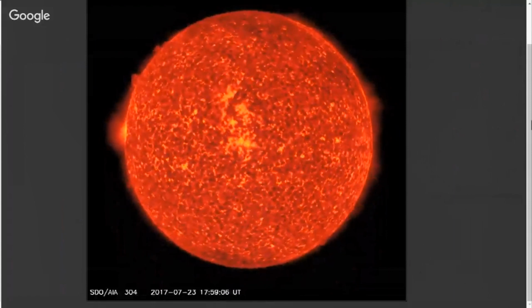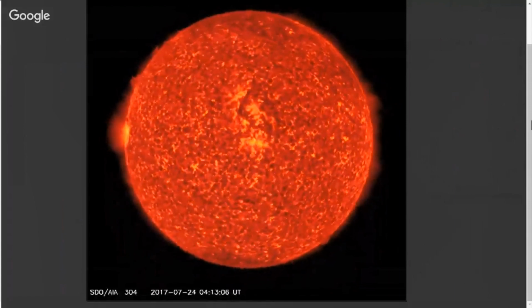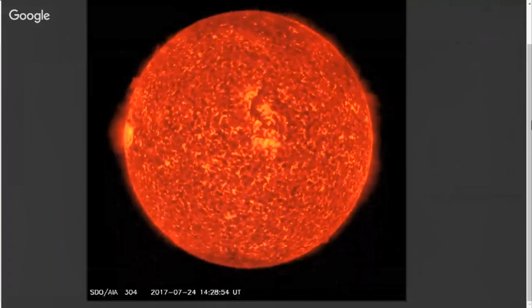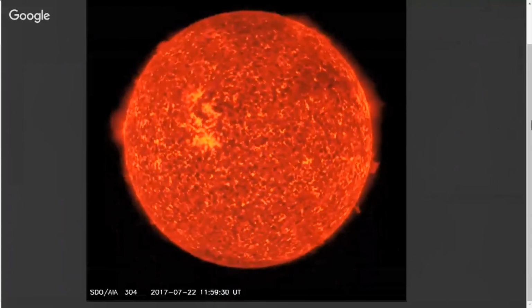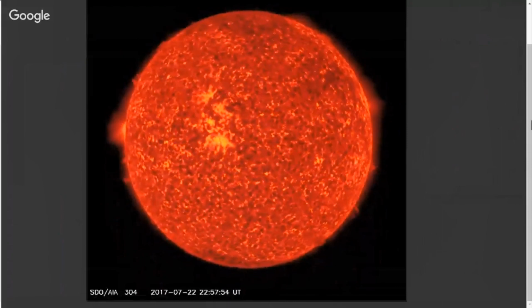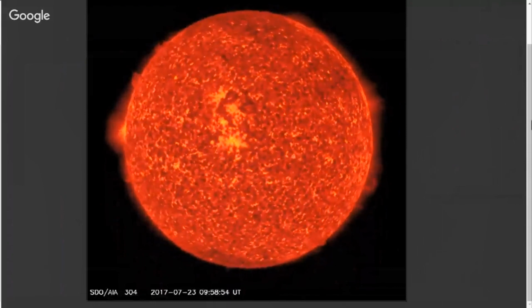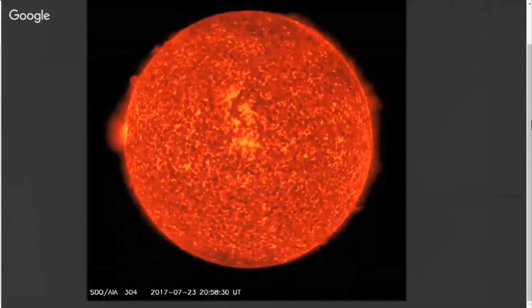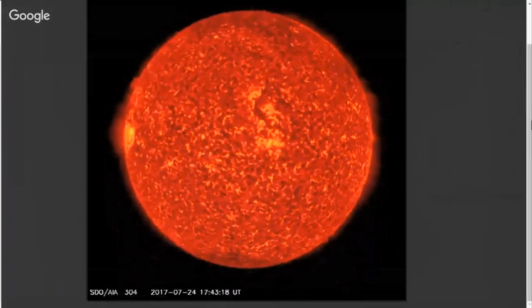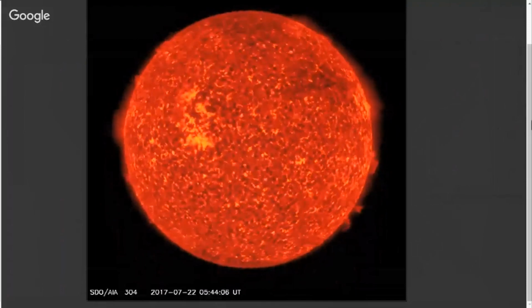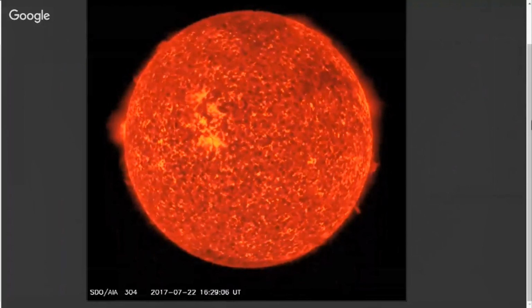You know, the sun going into a solar minimum, yes, it's supposed to become less and less active, but when it has an X-class flare, then we cannot say that it's actually becoming less active. We haven't seen these sort of X-class flares like we saw just the other day.